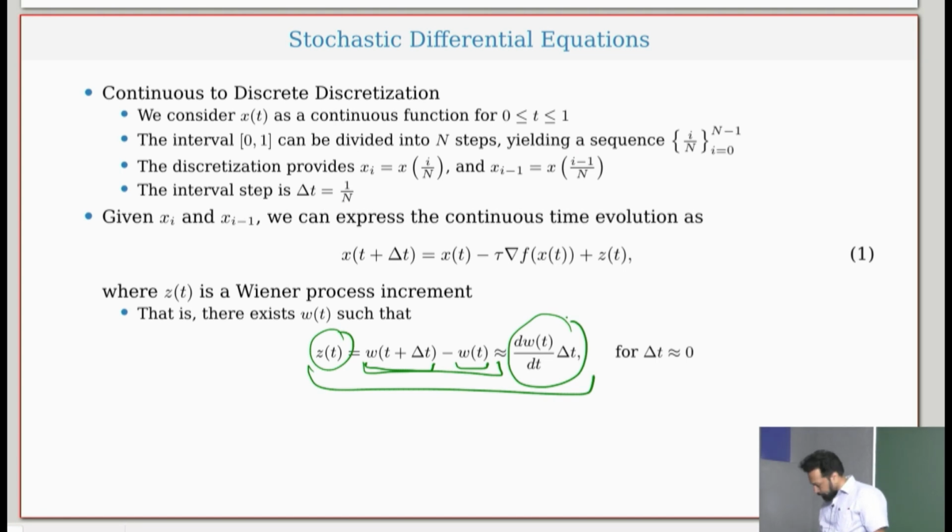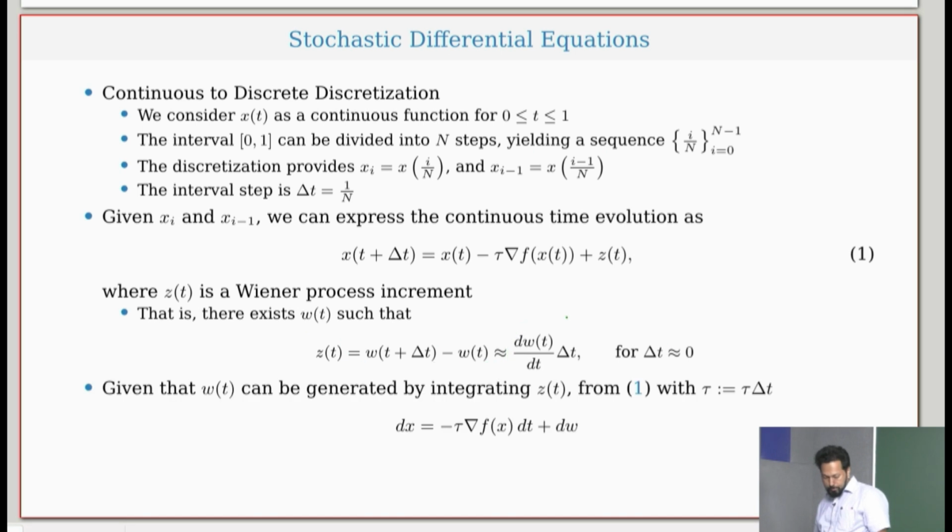Okay. So in the continuous variant we can write like this. Then from here we can divide by delta t on both sides, and then we get dx by dt, and tau we can also see as tau delta t, and Zt we can expand like the difference here, and then again divide by delta t.